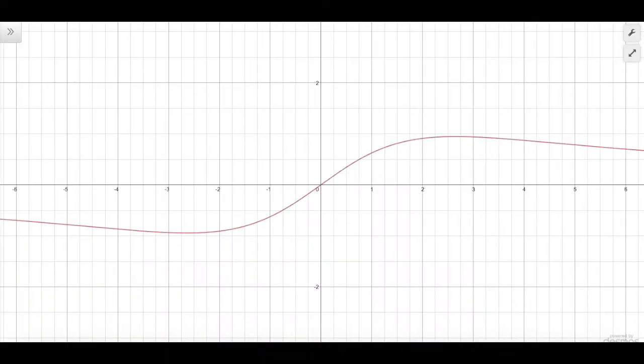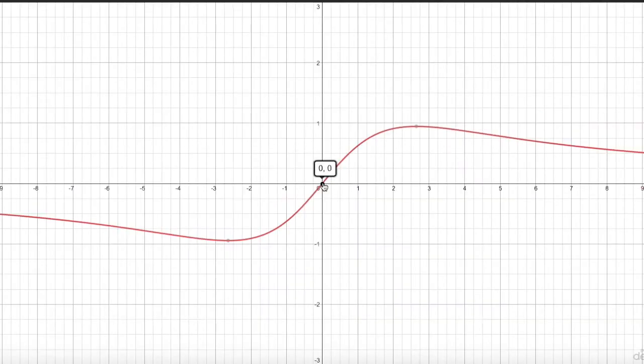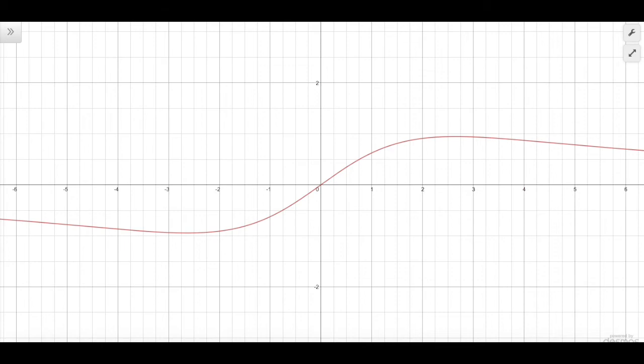Let's pick two different points at two different levels of steepness throughout the graph and calculate the slope between them. Let's pick the points 0, 0, and 1, 0.625 as our first slope calculations, and 2, 0.909, and 3, 0.938 as our second slope calculations.